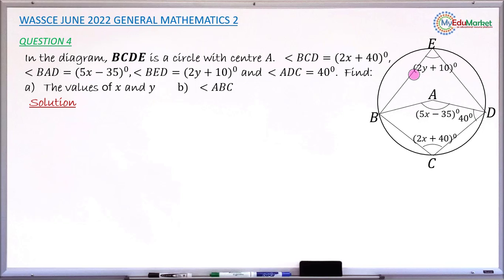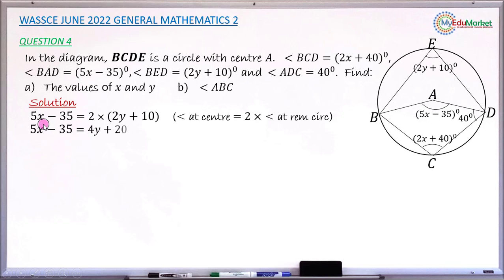So I can now use this to have my very first equation in terms of x and y. So I can now write 5x minus 35 equals 2 times angle at the remaining circumference, which is 2y plus 10. And my reason is angle at the center equals 2 multiplied by angle at the remaining circumference.